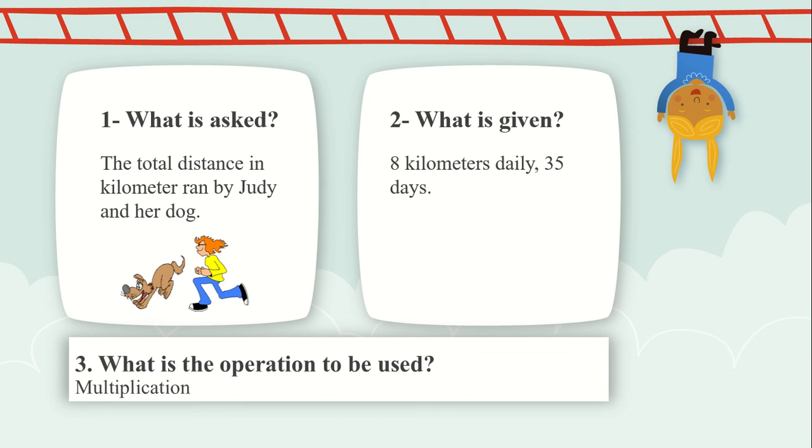What is the operation to be used? It's multiplication. Why multiplication? Because we have 8 kilometers repeated for 35 days. It's the same 8 kilometers, the same number repeated 35 times. Instead of saying 8 plus 8 plus 8 plus 8 35 times, we will say 8 times 35 so that we can find the answer.